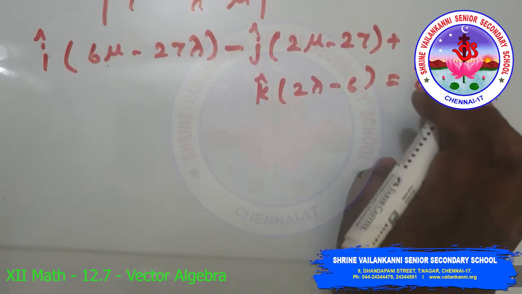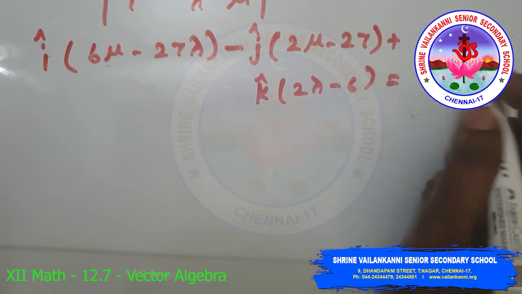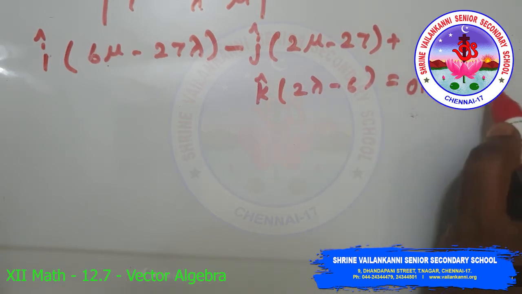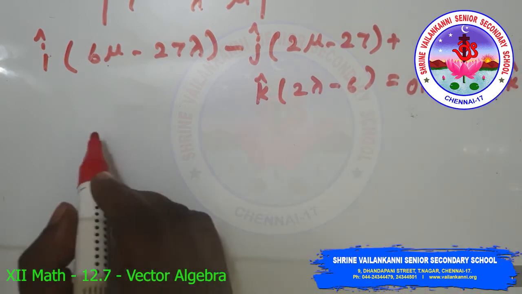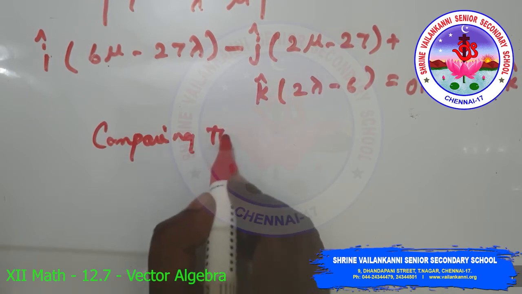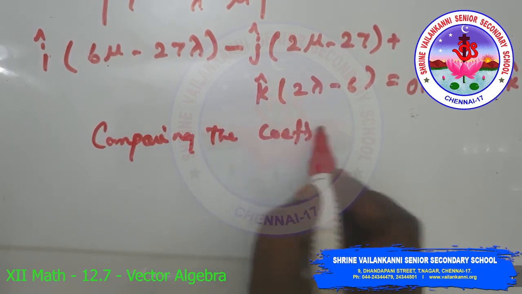The 0 vector we can write as 0i + 0j + 0k. Here we are going to compare the coefficients of i, j, k.